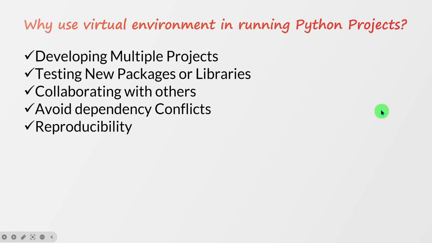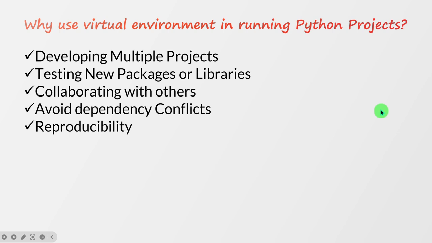So the best option is to specify the dependencies in a requirements.txt so that you can create a consistent and reproducible environment for others to use. And this can be done by creating a requirements.txt.